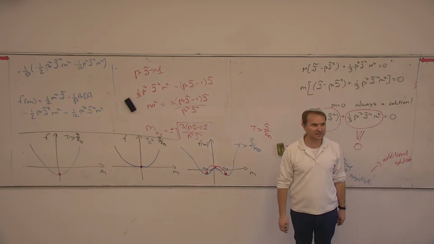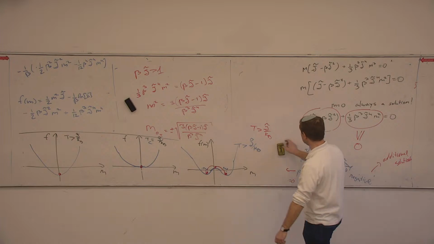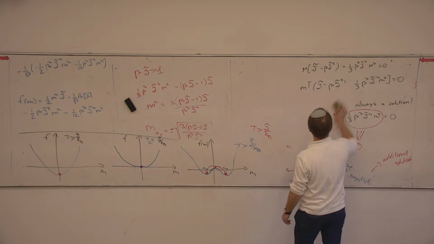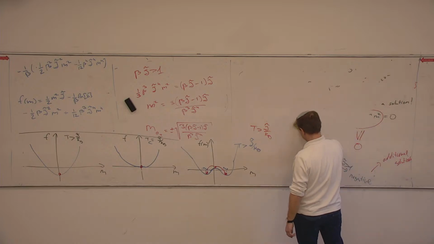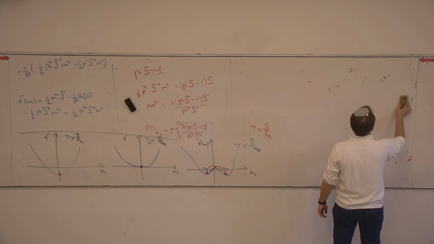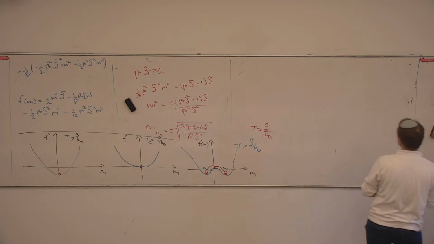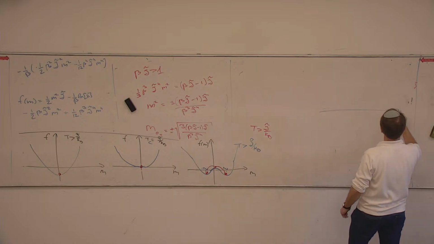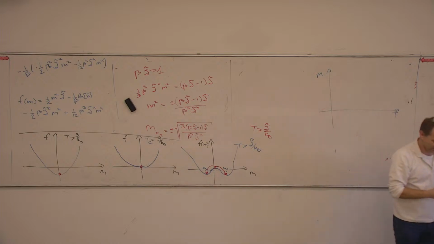Now, what happens if we plot all of our solutions as a function of temperature? This is T, this is m, the average value of the spin.